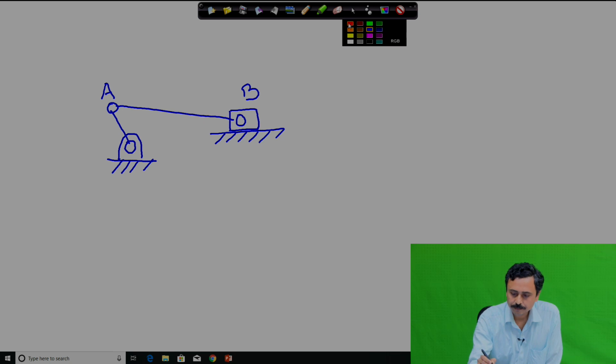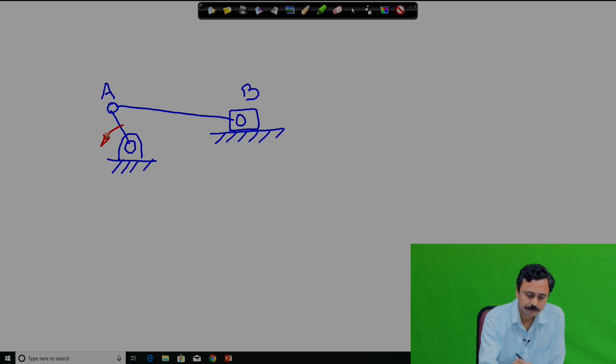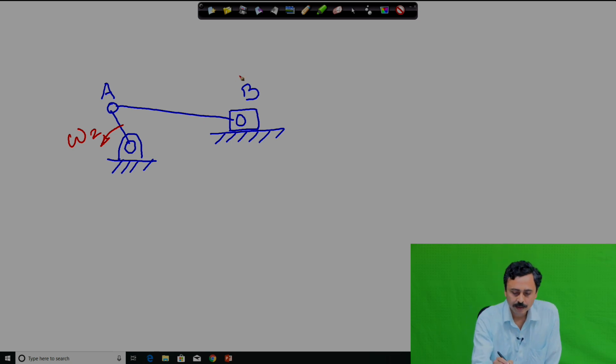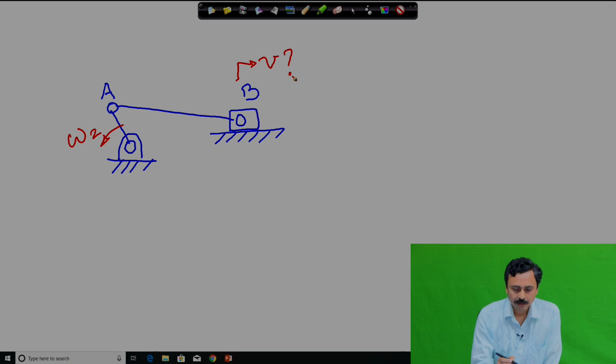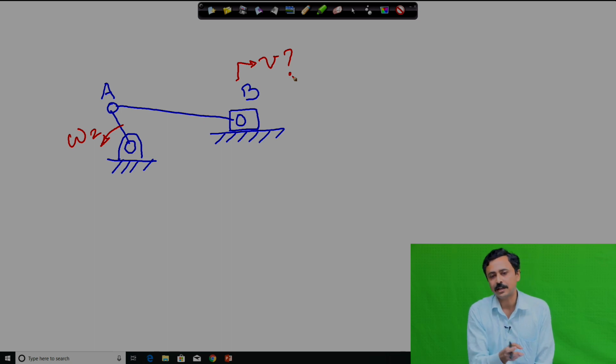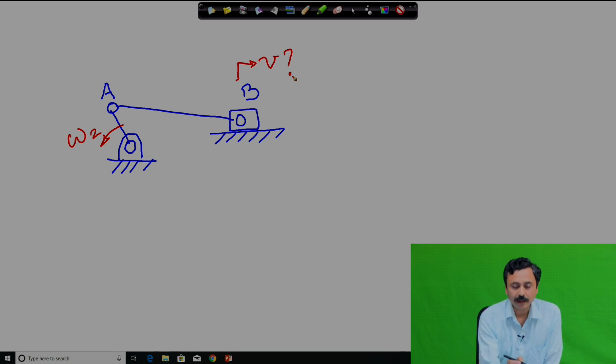Suppose you are given omega 2 and you are asked to find out the velocity of the slider. The way we have done is we have looked at the instantaneous center of rotation etc., and we have done the whole thing analytically. You can write down the equations and do it by velocity difference method.